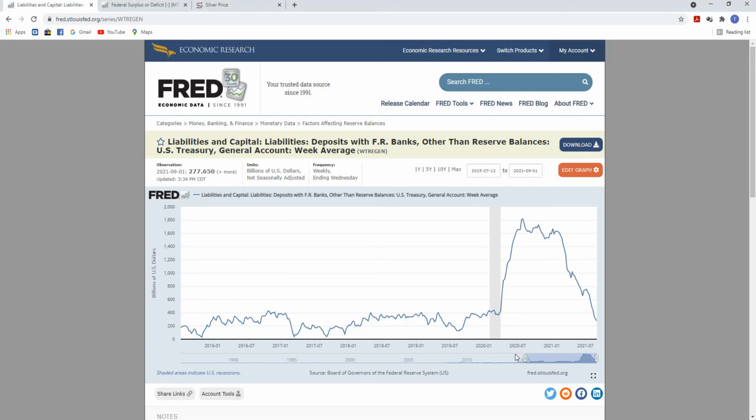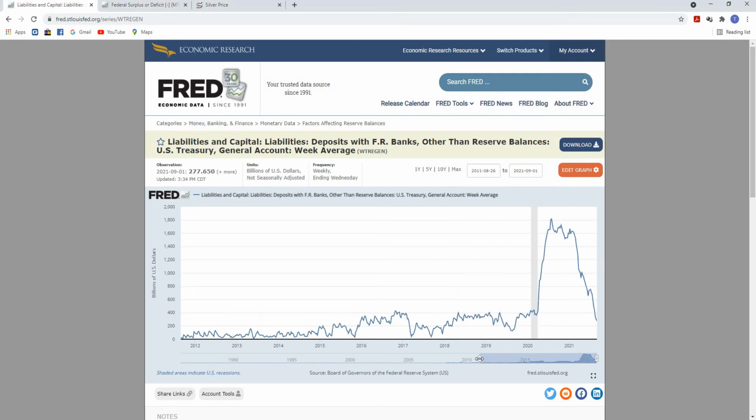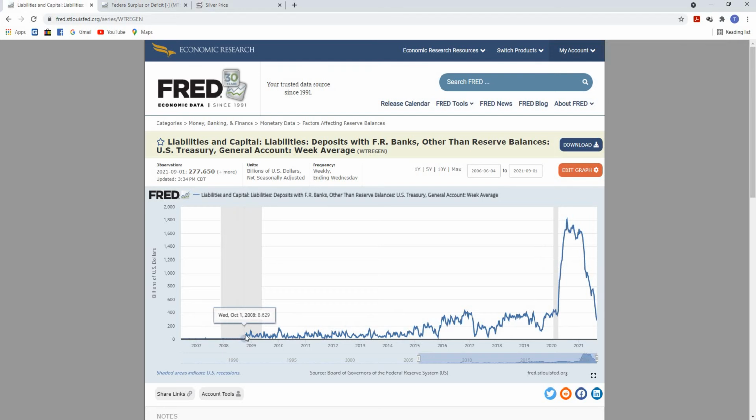So this is the General Treasury Account. It's basically the checking account for our U.S. federal government. Now, ever since the 2008 crisis, the General Treasury Account has basically been moved to the Federal Reserve. Before that, it was deposited, I believe, with a certain major commercial bank, though which one I don't know off the top of my head.